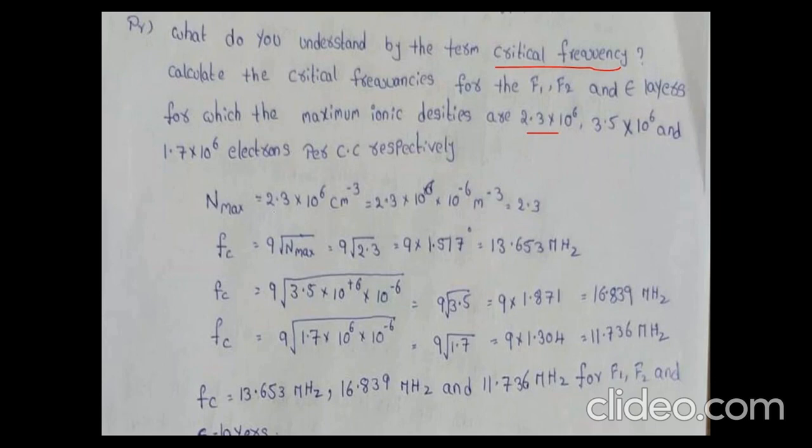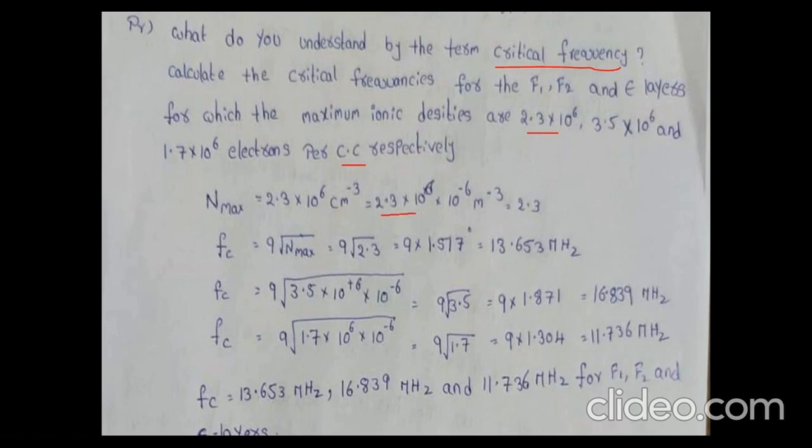Since they are given in cubic centimeter, what we need to do first? First, we need to convert them into per meter cube, because our formulas are in per meter cube.